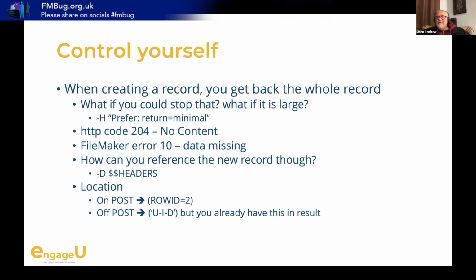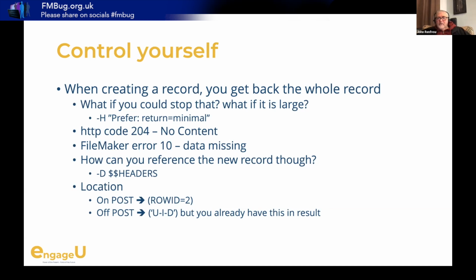What if you want to reference, however, the record that you've just created? Something I'm in the habit of, and I suggest you get in the habit of, is, in the headers, dumping whatever you get back into a global variable, so that you can also see it in the data viewer, as opposed to just in the script.